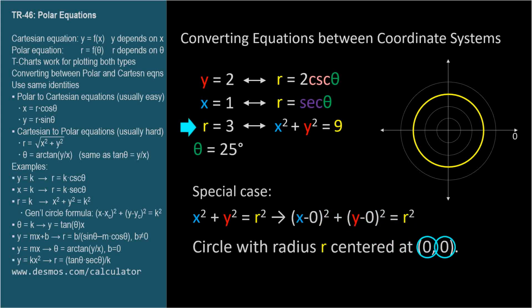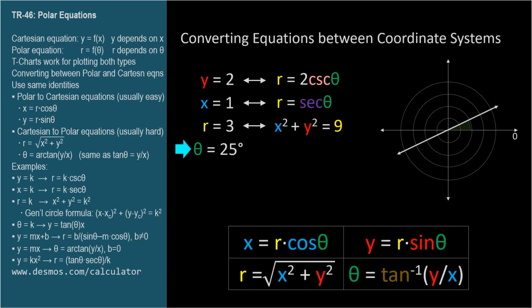The last simple equation to convert is theta equals 25 degrees. Our identity says theta equals arctangent y over x, so let's write 25 degrees equals arctangent y over x. This is the same as tangent 25 degrees equals y over x, by taking the tangent of both sides, if you will.